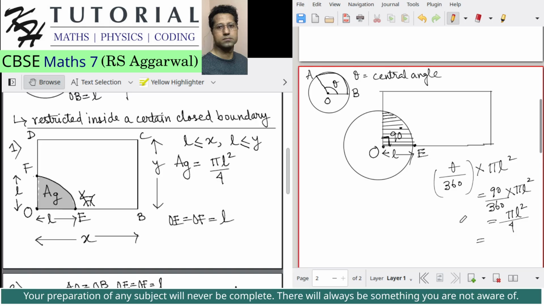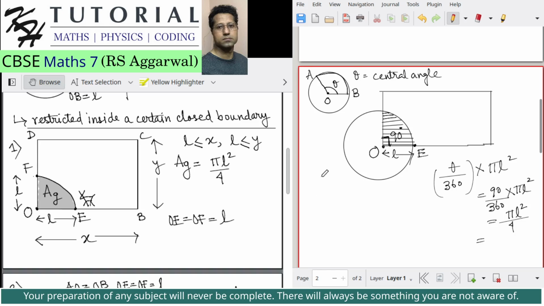It will be a sector of a circle of radius L, having a central angle of 90 degrees. Also note that any sector of a circle which makes 90 degrees at the center is known as a quadrant of a circle, or a quarter of a circle.